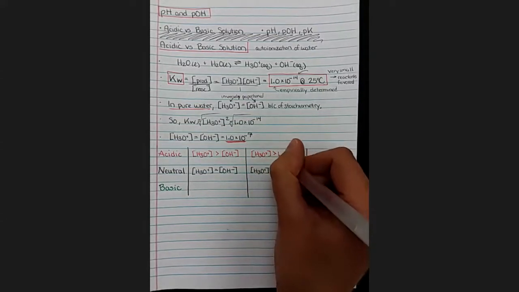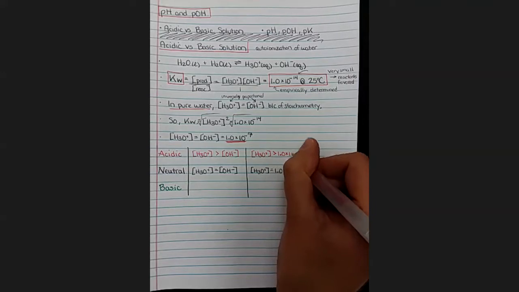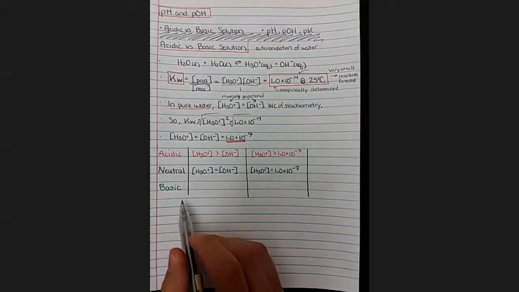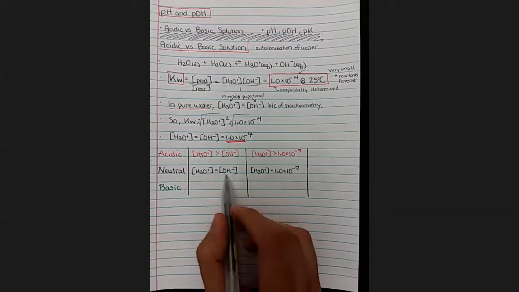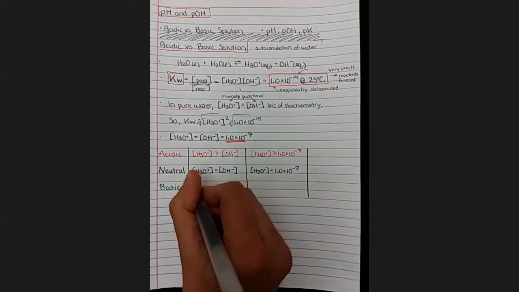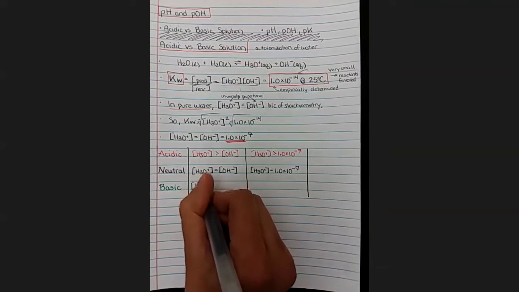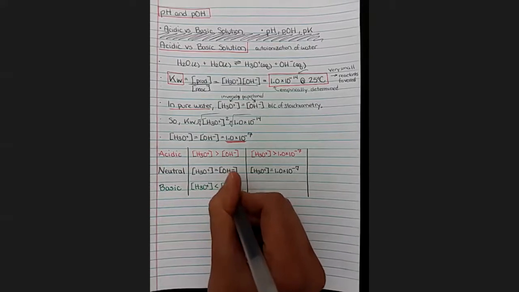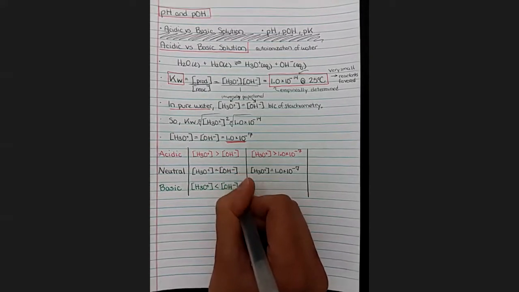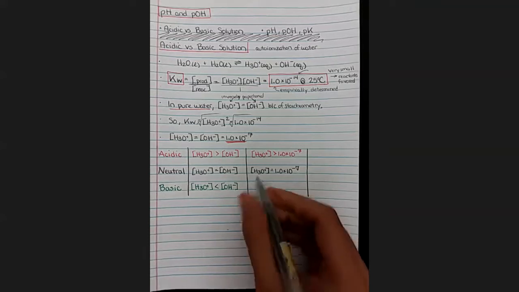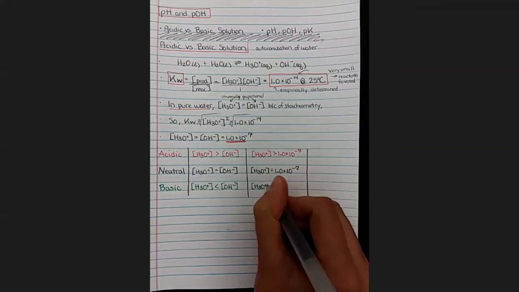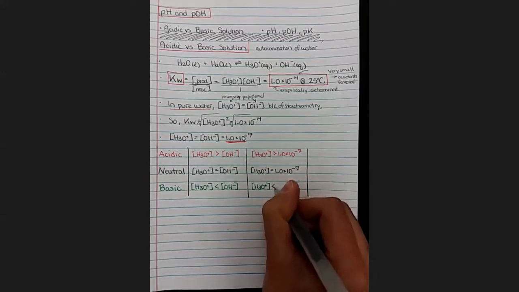So it's going to be larger than 1 times 10 to the negative 7th. And the base is going to be the opposite. So the base is going to produce more of the hydroxide. So the hydronium concentration is going to be smaller than the hydroxide concentration. And that means that the H3O plus concentration is going to be smaller than it is at neutral situations.